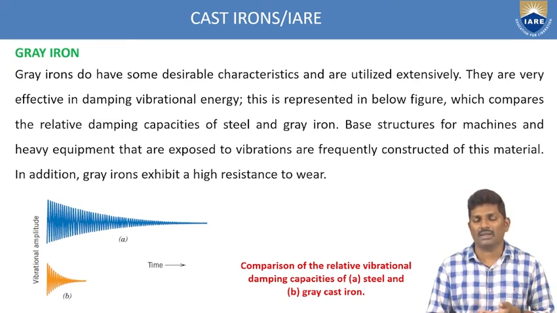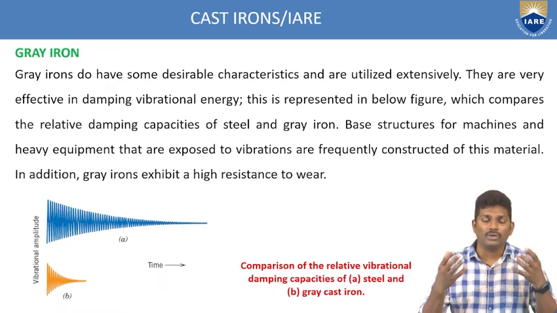If we prepare this strong base with gray cast iron, then it is very useful to control the vibrations involved during the working operation. That's why most machinery made with steels have a lot of vibrations during the working process. Now the same steel, if you replace the base with gray cast iron, you can control the vibrations.